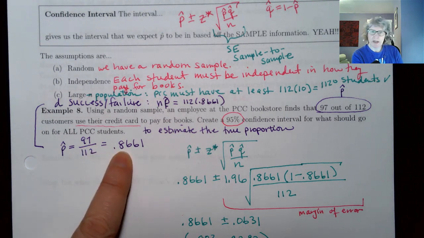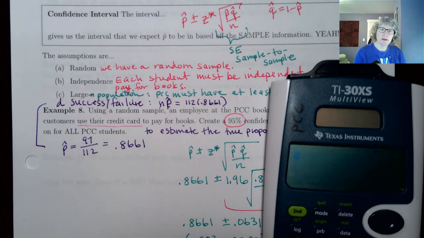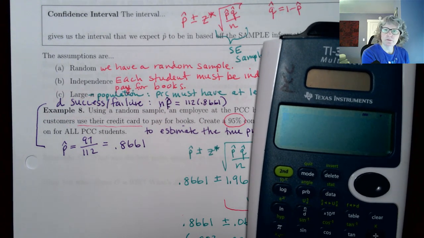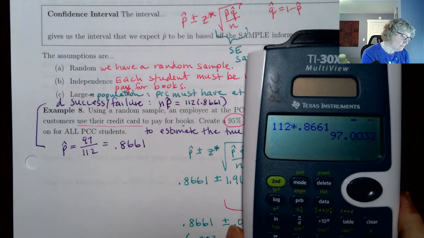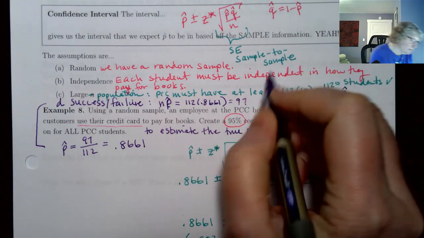We should get around 97, but I find more people are comfortable with decimals, so I'm just going to stick with the decimal way of doing it. Okay, so 112 times 0.8661. Yep, right about 97, so I'm just going to round to 97.